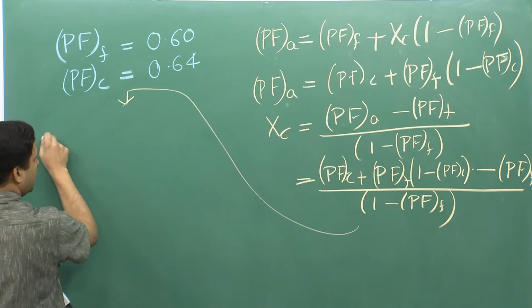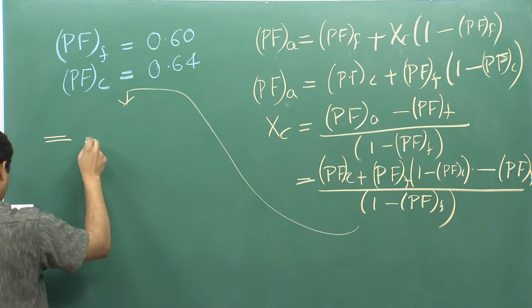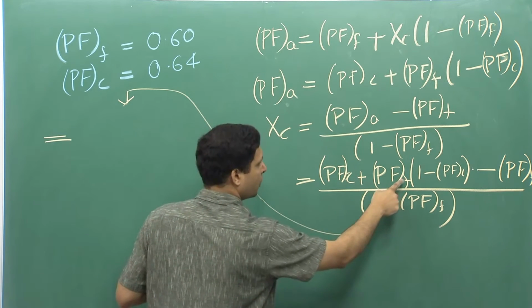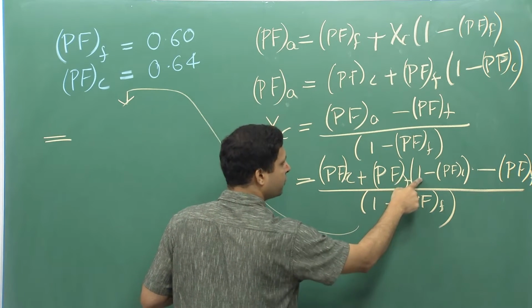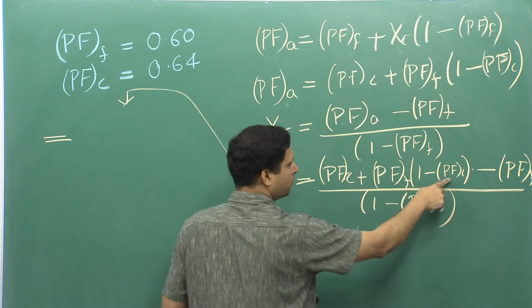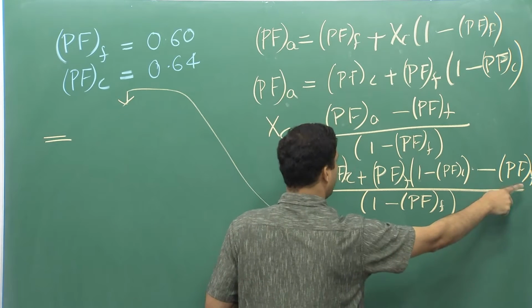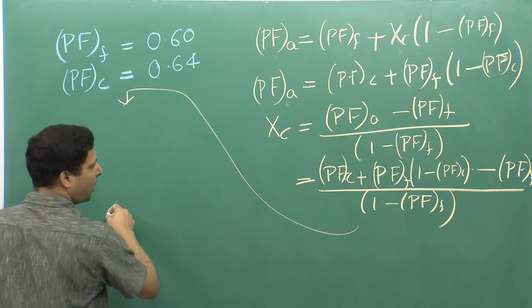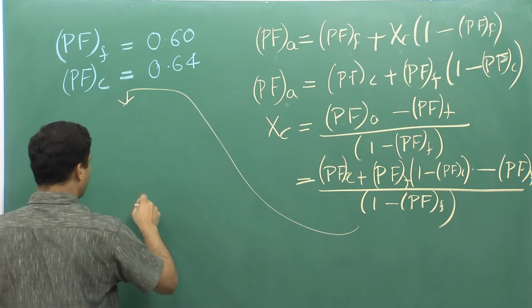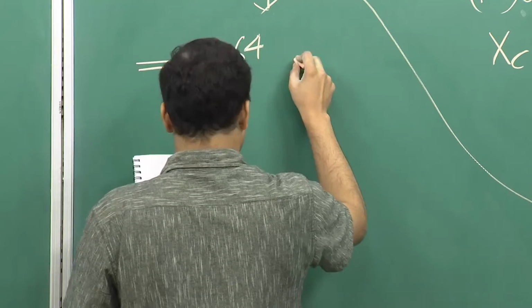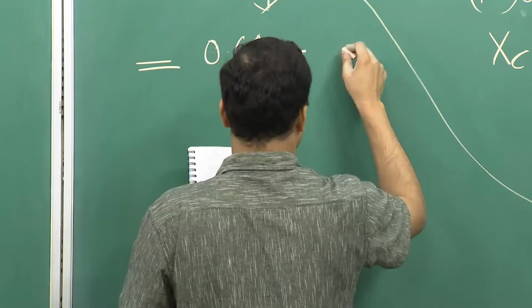So, this becomes equal to, if you open the brackets, 1 minus PFC times PFF, and this is minus PFF. So, let us just put the values directly and we will get 0.64 minus.